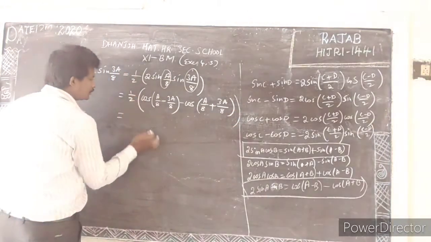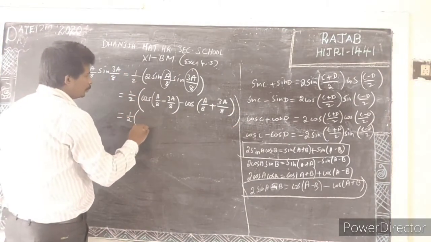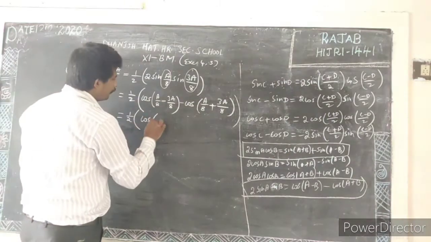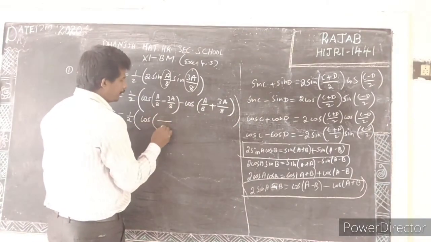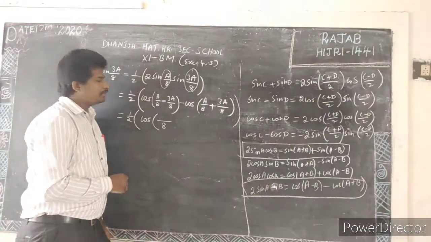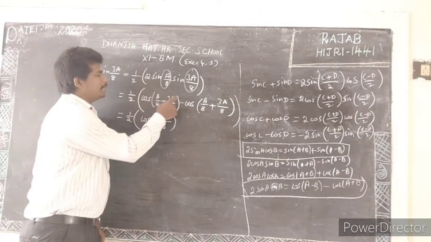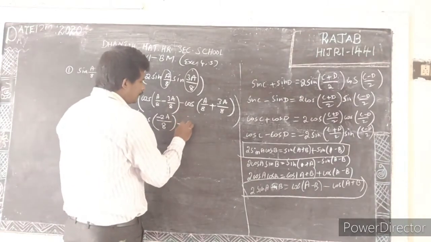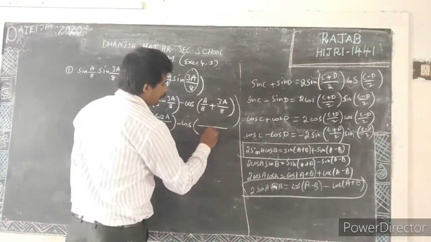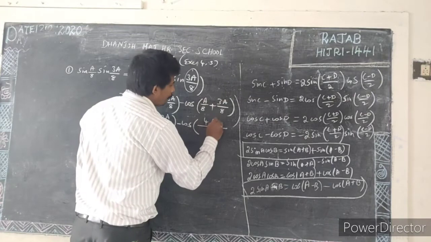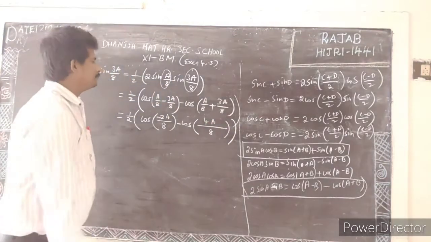Now this is equal to 1 by 2 into cos of, here our denominators are same, so we can write it as common: a minus 3a is minus 2a, minus cos of 4a by 8.